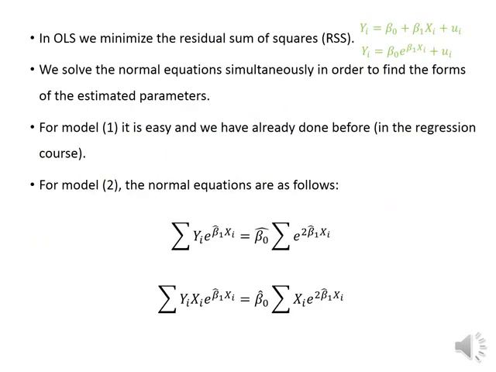So how to fit this nonlinear regression model or any nonlinear regression model? Now again, if we apply the same procedure of the OLS, which is minimizing the residual sum of squares, obtain the residual sum of squares, y minus y hat, and square it, and then minimize the sum by differentiating with respect to beta naught first, and then differentiating with respect to beta 1, in order to obtain what's called the normal equations.